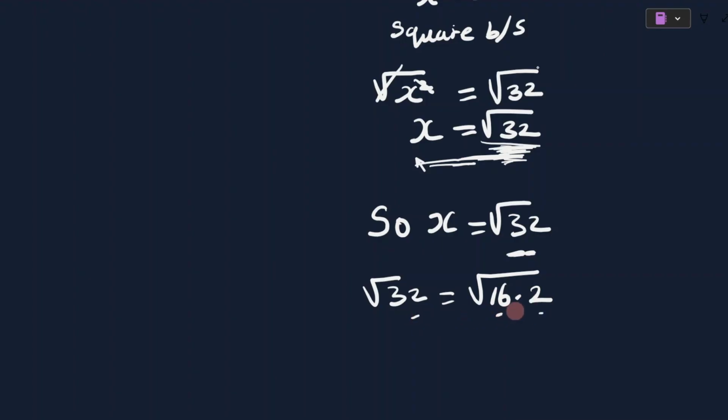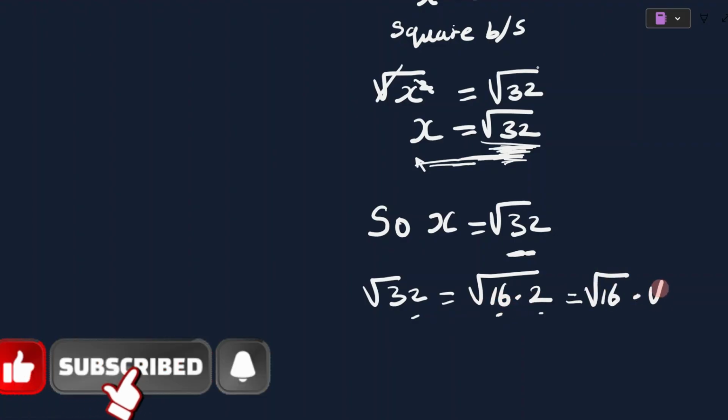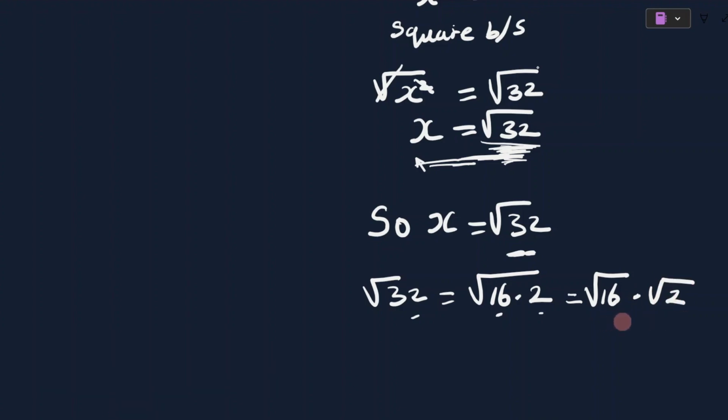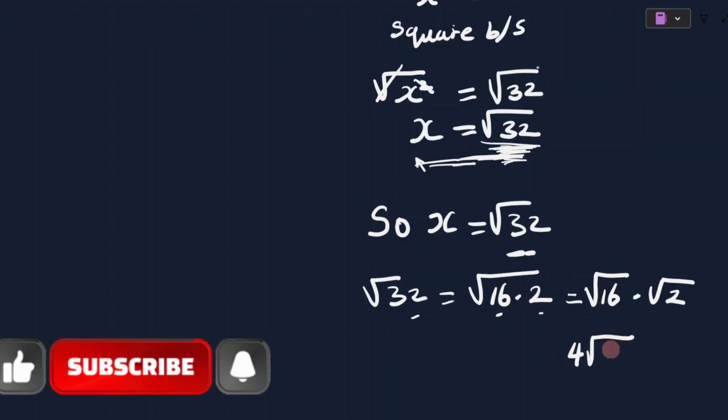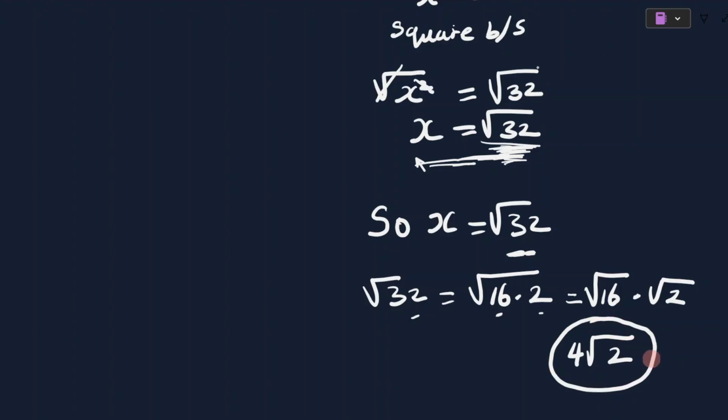This means we've broken down 32 into its factors. Root 16 times 2 can be written as root 16 multiplied by root 2. Thus, we can break them into their individual factors. Since the square root of 16 gives us 4, our final answer is 4 root 2. So this is our final answer.